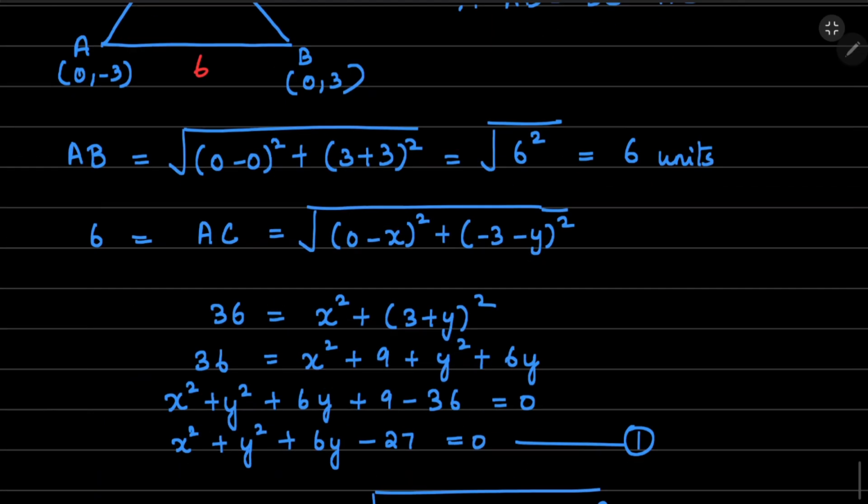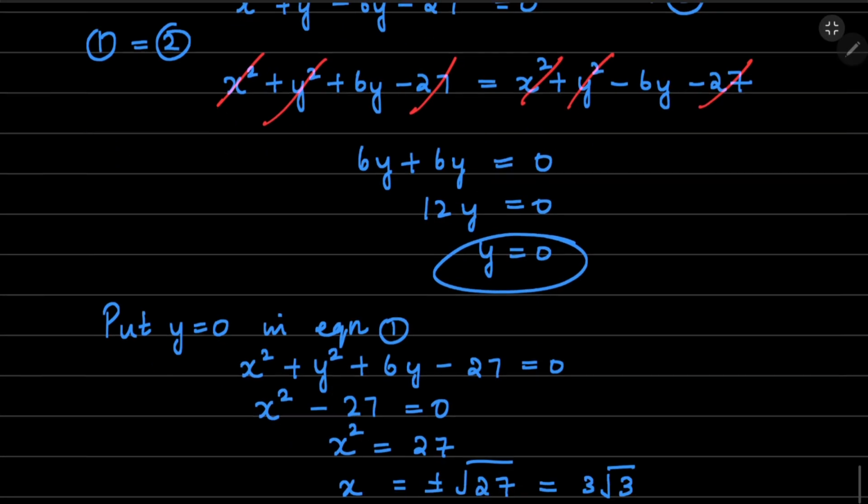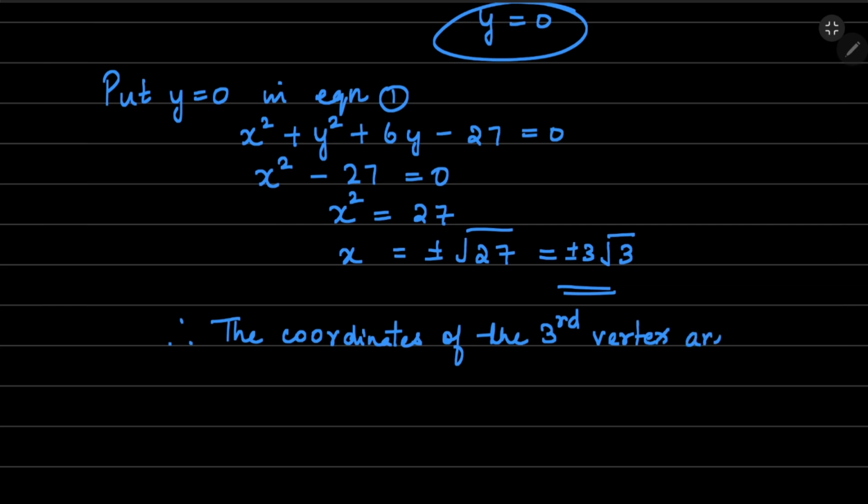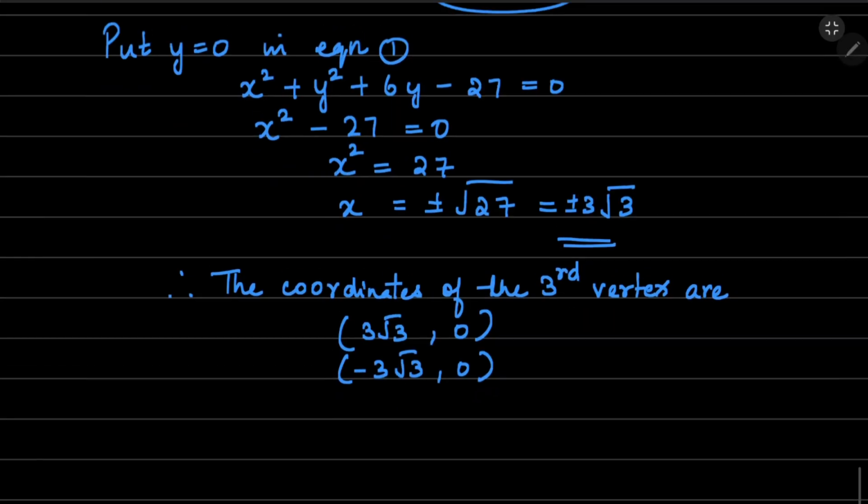Therefore, the possible coordinates of the third vertex are 3 root 3 comma 0, or you could even have minus 3 root 3 comma 0. These are the possible coordinates of the third vertex. Okay, I hope you understood.